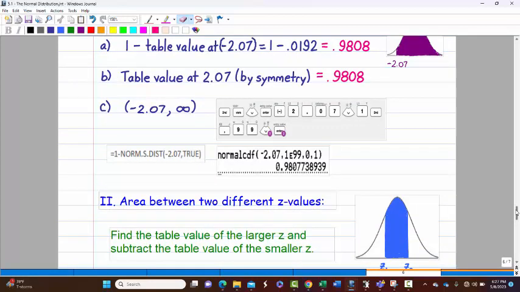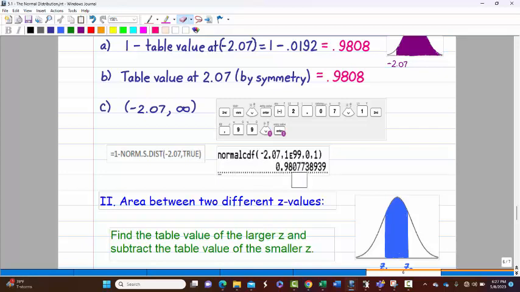Now the calculator, I just put the keystrokes in here. You didn't need that, but it may help. Greater than means the interval is written out like this, from that number to positive infinity. So it's negative 2.07, comma, 1E99.